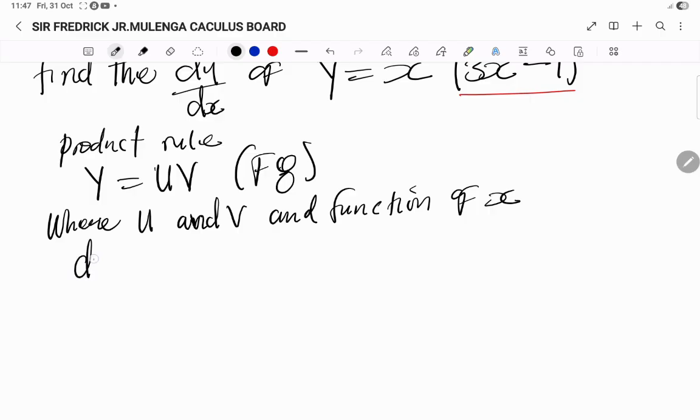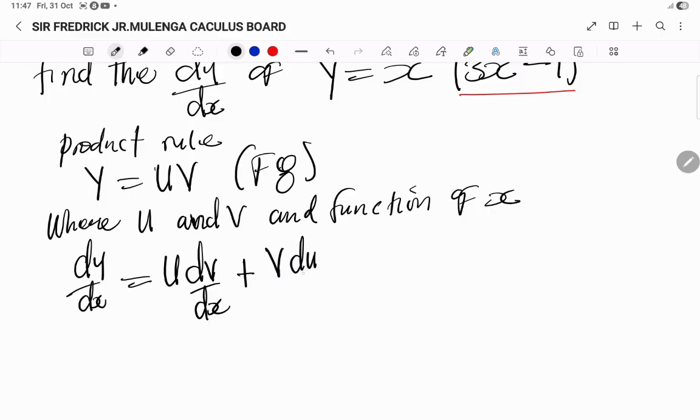dy/dx is that we keep u and differentiate v. If you are using f, you keep f and differentiate g. Then you add, then you keep v and differentiate u over dx.